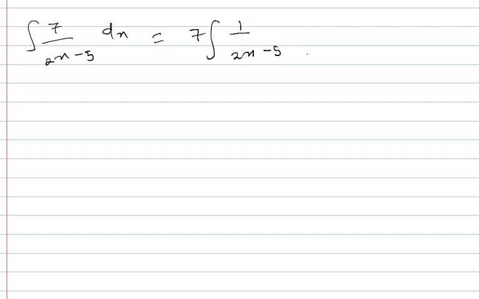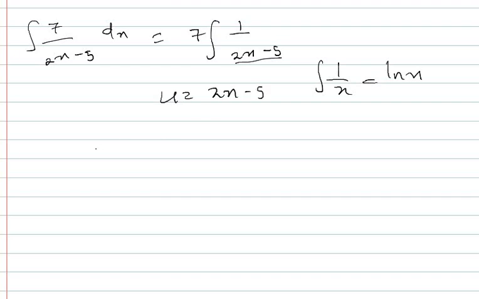So this is similar to 1 over x, and if you integrate this it becomes ln x. So it's just a simple thing, we just have to let the whole expression be equal to u. So u is equal to 2x minus 5.